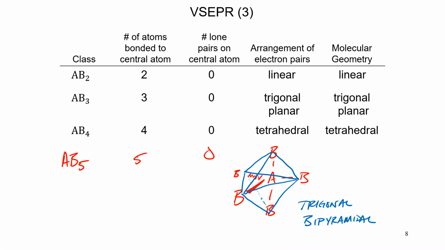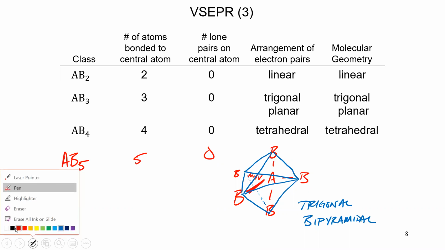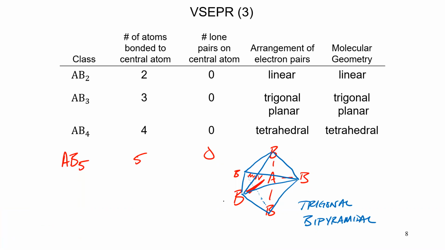Now, because we've got this triangle in the middle, we've seen a planar triangle before, and we know that this angle is what? 120. 120. Yep. We call this triangular circle the equatorial positions.